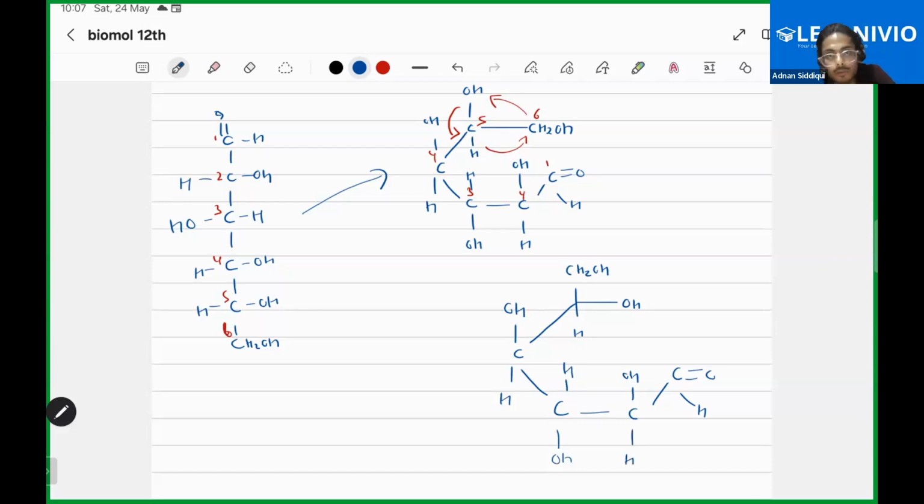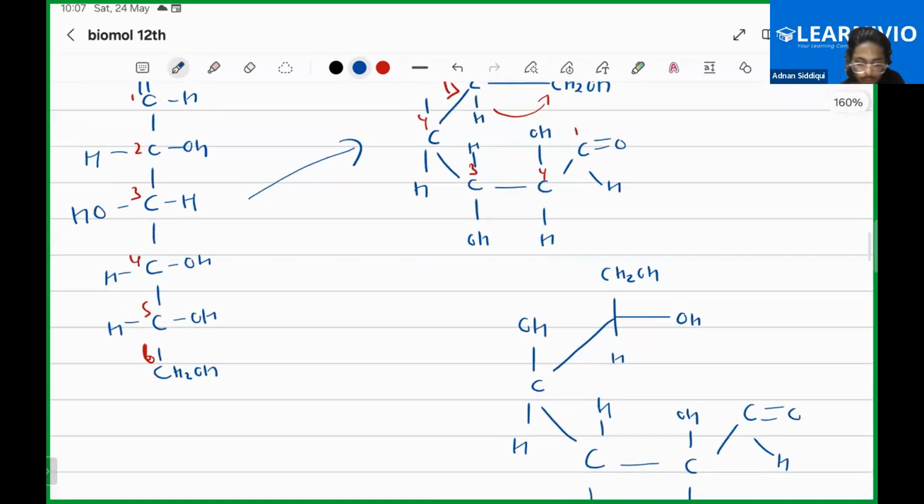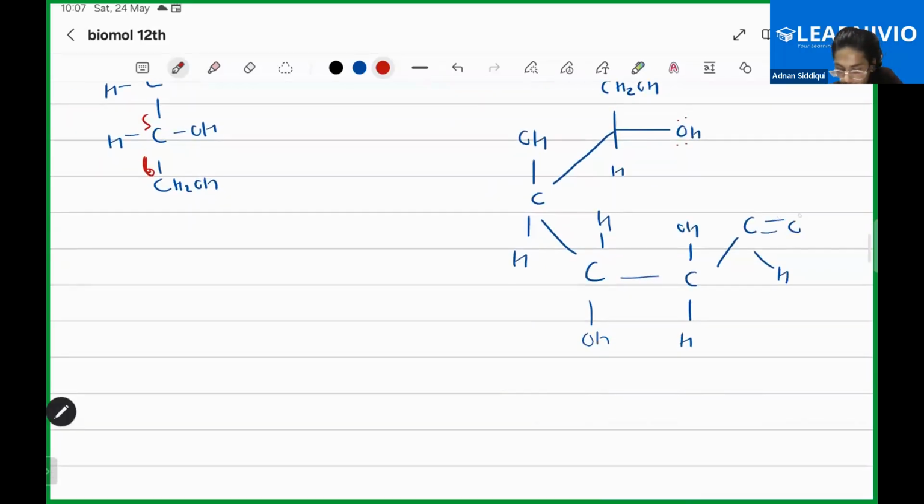Why did we do this? First of all, we need the contribution of the fifth carbon, right? So from here, this OH has an electron pair to donate, right? And if I look at this side, due to the electronegative oxygen, this carbon has a partial positive charge, and this one will have a partial negative charge because oxygen is more electronegative than carbon.